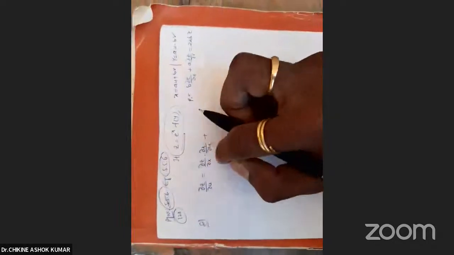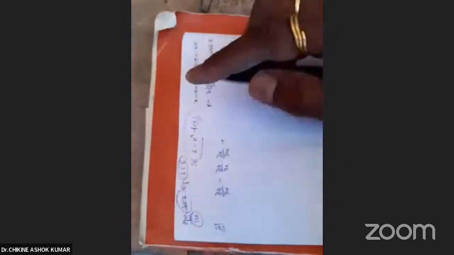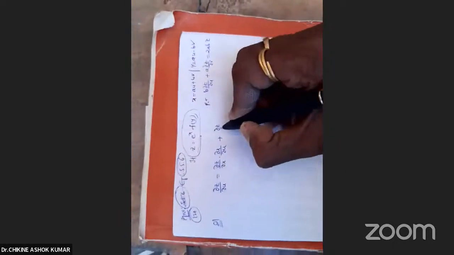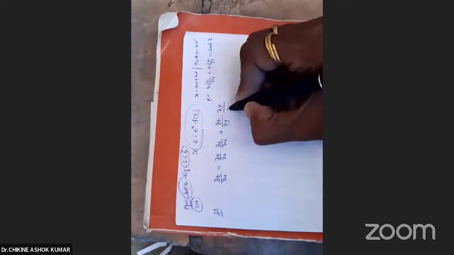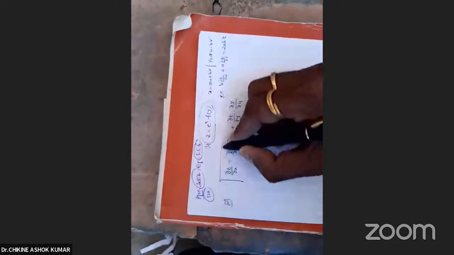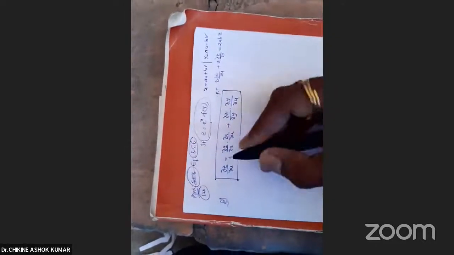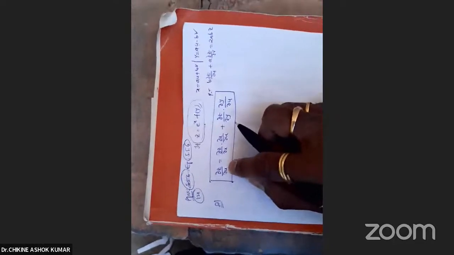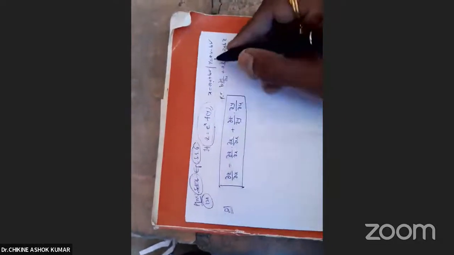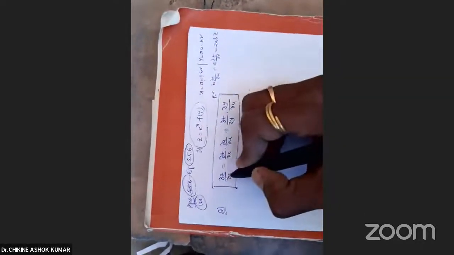Plus, with respect to y, del z by del y into del y by del u. So this is the del z by del u value. Earlier I had only t, so I wrote dz by dt, that is the difference. But here u and v are there, that's why I'm taking del z by del u separately.